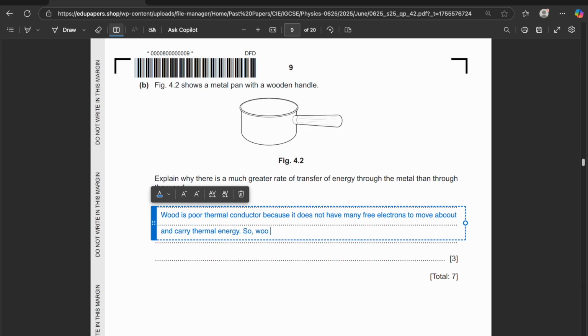So wood only transfers energy through vibrations of the atoms.